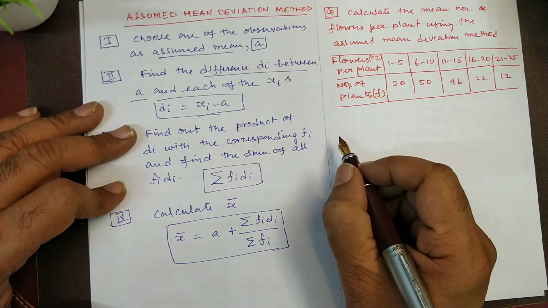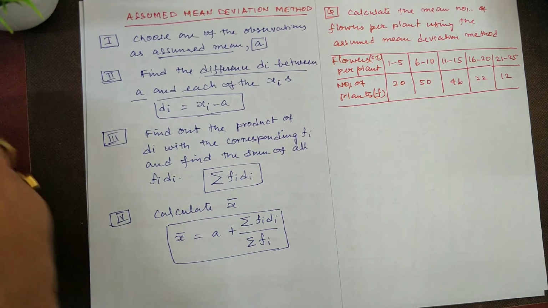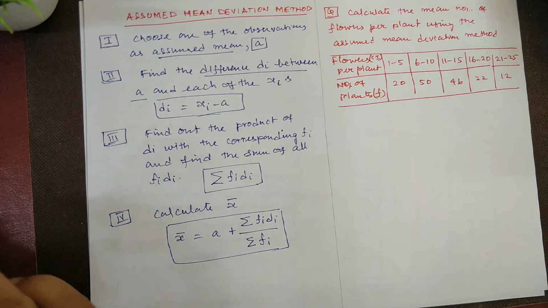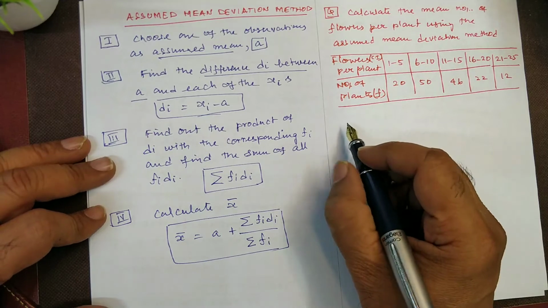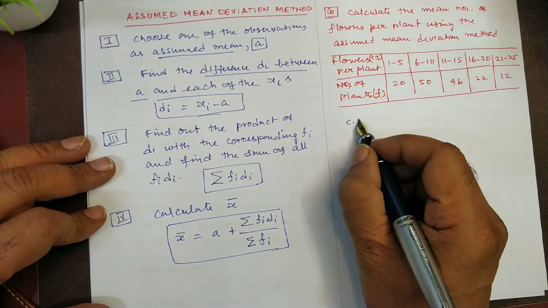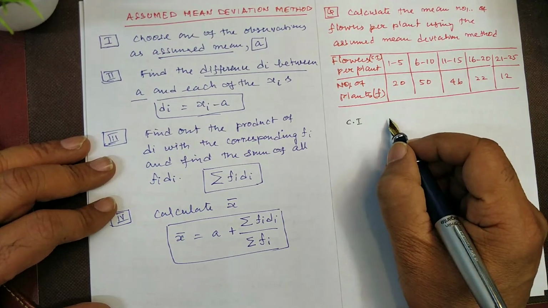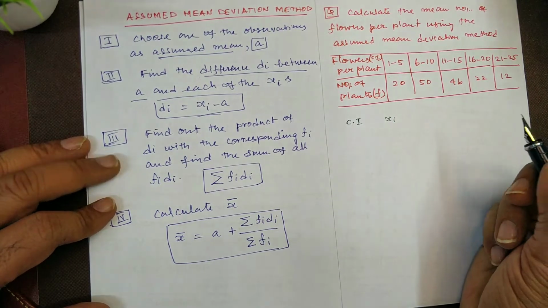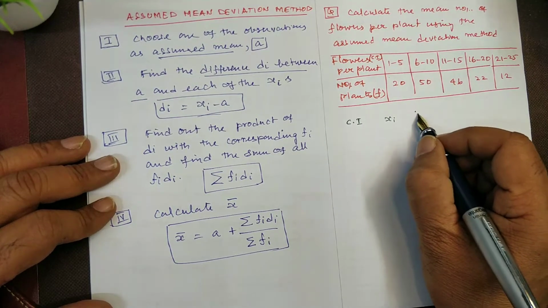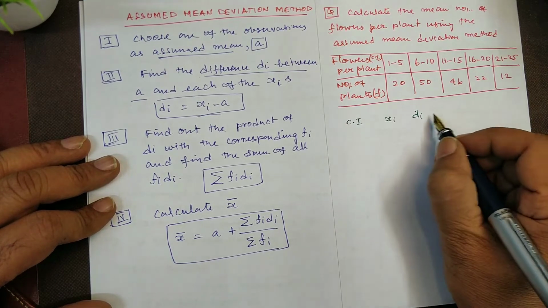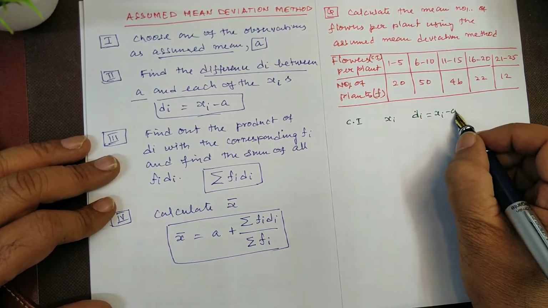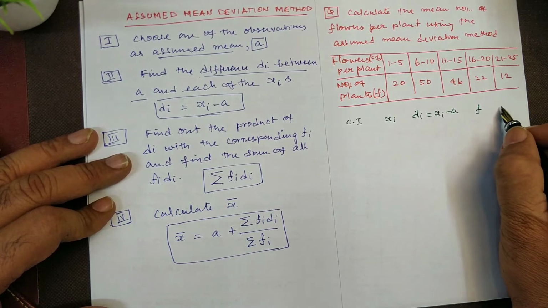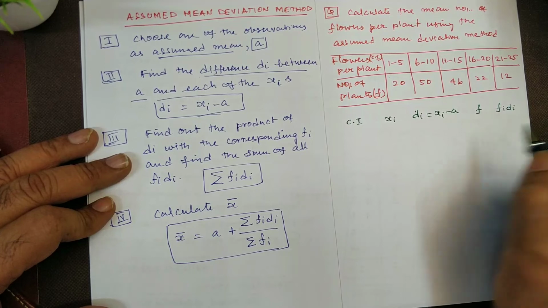Now let us draw the table: Ci, then mid value, that is the Xi, then di, the difference, which is nothing but Xi minus A, then frequency, and then fi di.